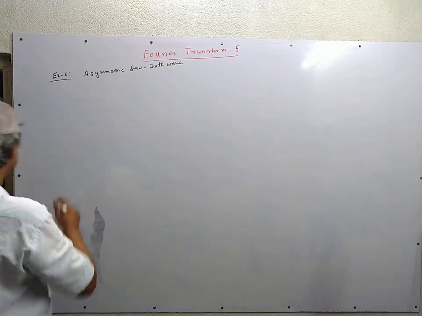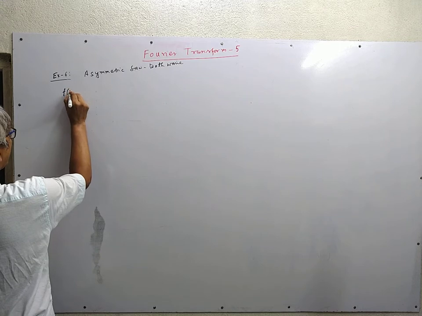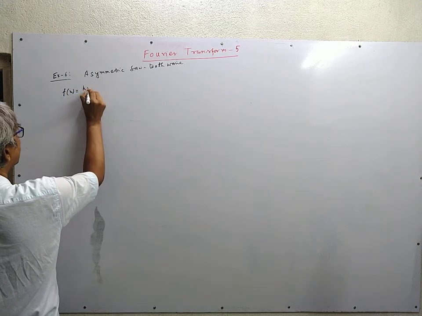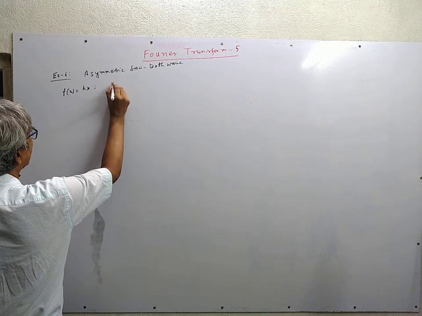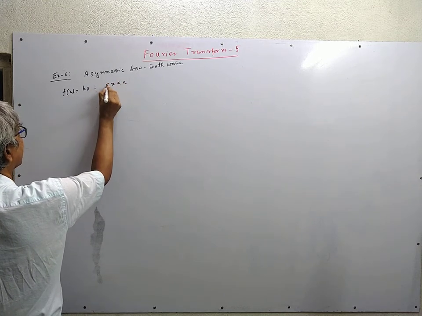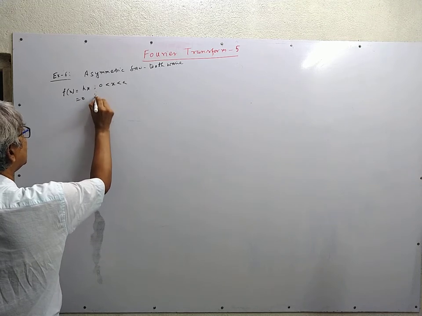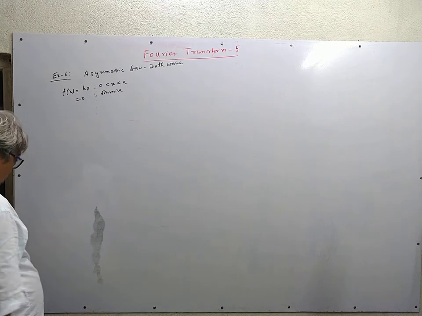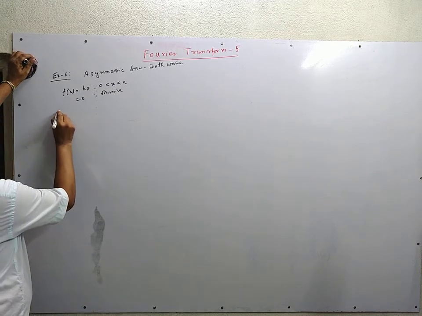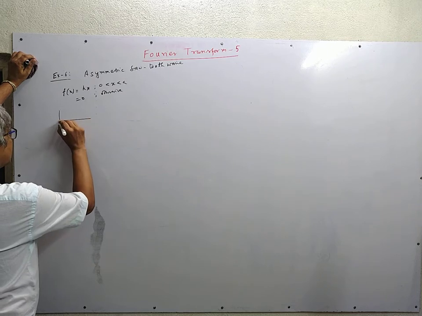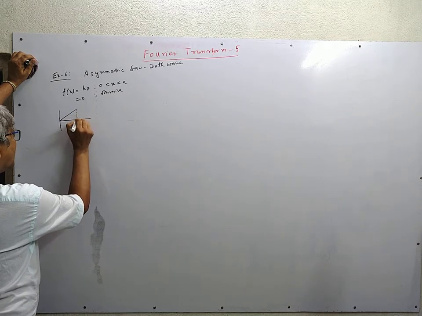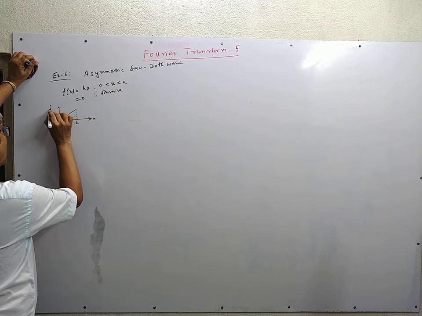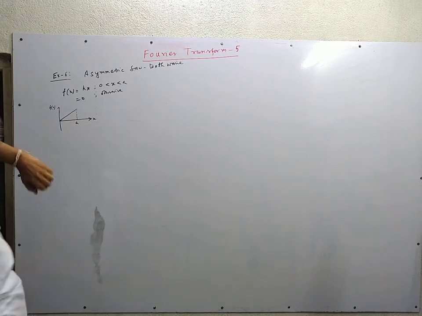Asymmetric sawtooth wave is defined as f of x equal to h x for x less than a and greater than 0, and 0 otherwise. So the function looks like this. That's why we call it asymmetrical.